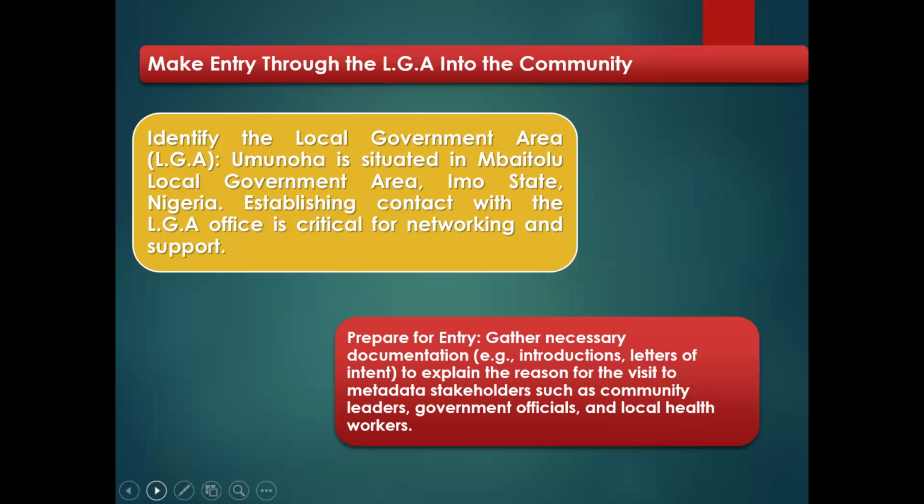Then when you are making entry to the local government authority, you have to prepare yourself by gathering all the necessary documentations, such as introduction letters, the letters that contain your intention, in order to explain the reason for the visits, to meet these stakeholders, such as community leaders, government officials, and local health workers, like we explained earlier. So you're going to prepare your mind, then gather all these tools, meet with these government officials, local health workers, in order to secure these data.